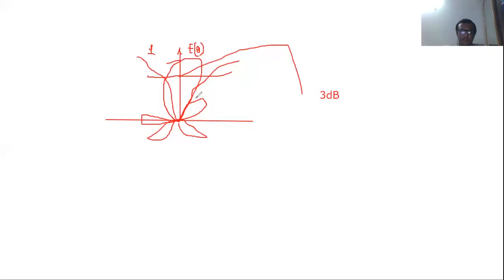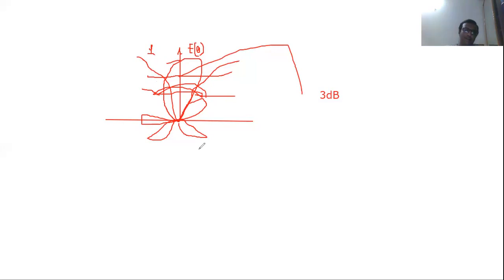Here is the first null, where power is 0. Here also power is 0. So what is the angular distance between them? It is known as the first null beamwidth.